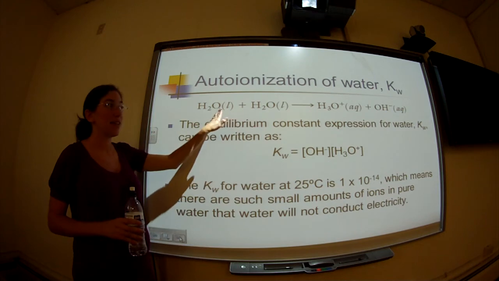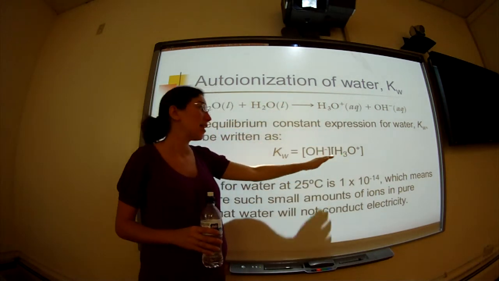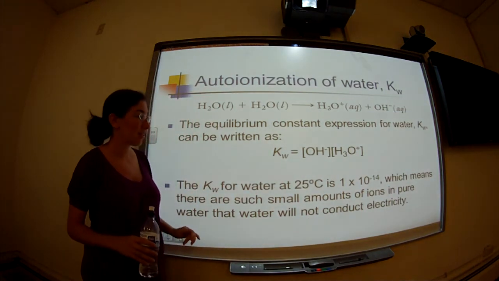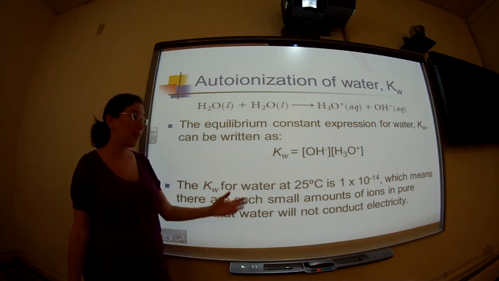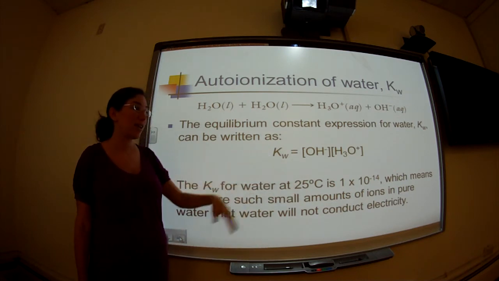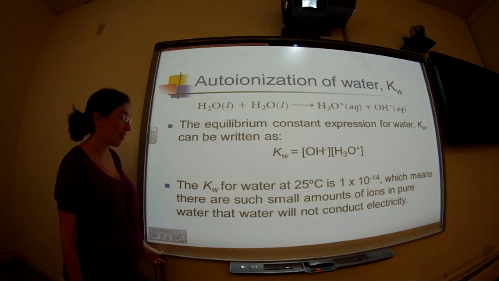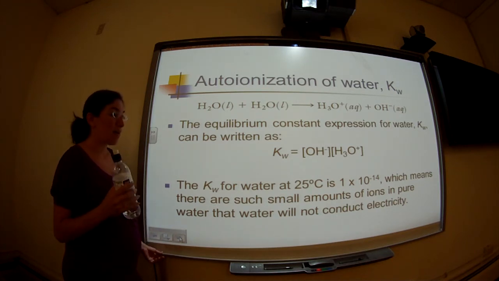Since water here is a liquid, but these ions are aqueous, only the products show up in the equilibrium expression, okay? And the Kw for water at room temperature, 25 degrees, is 1 times 10 to the negative 14th. It's a very small number. So water is a very, very weak acid or base, I guess. It has very, very weak power.